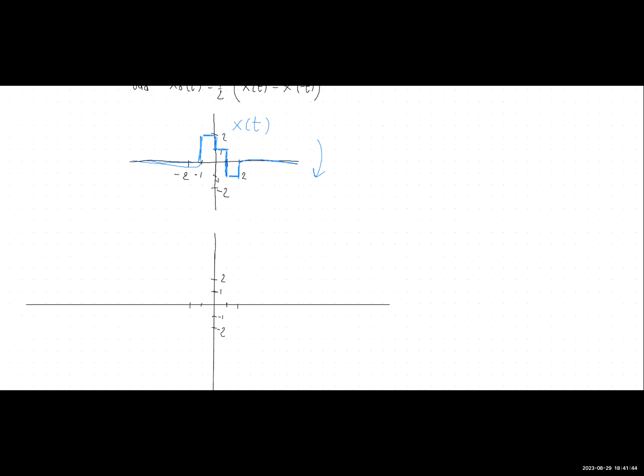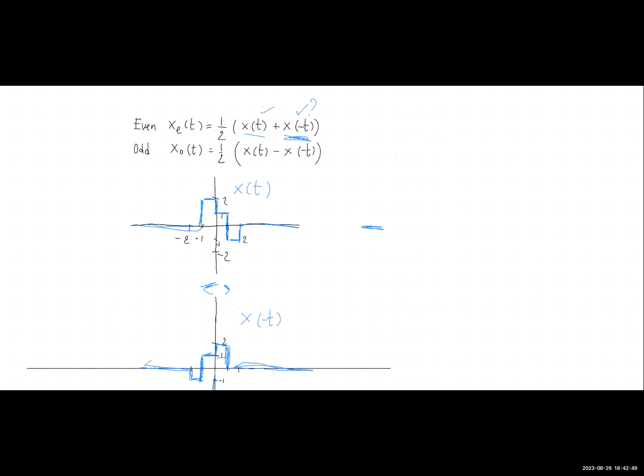X(-t), as I say, we're going to flip it down. So it's going to look, wait. Excuse me, everyone, it's not flipped down, it's reflected across this axis, so it's going to be this direction, actually.